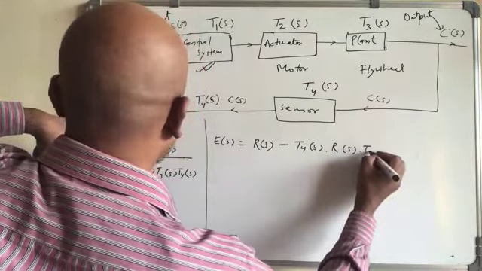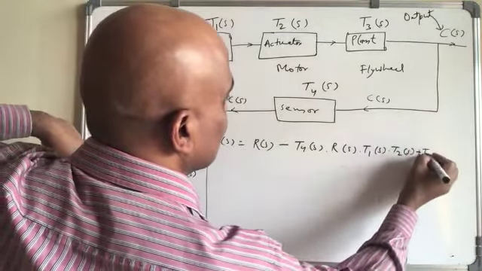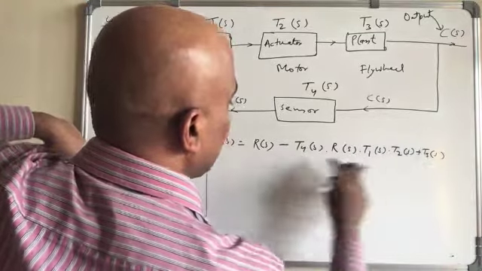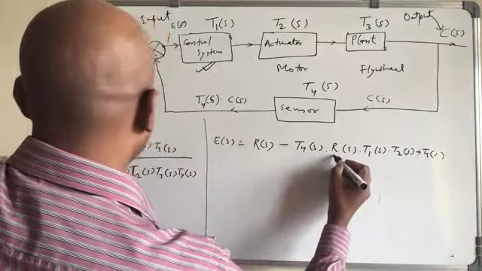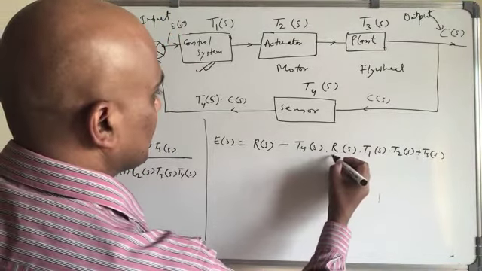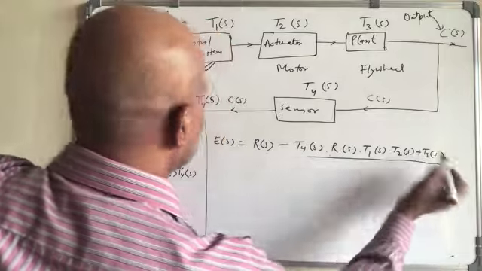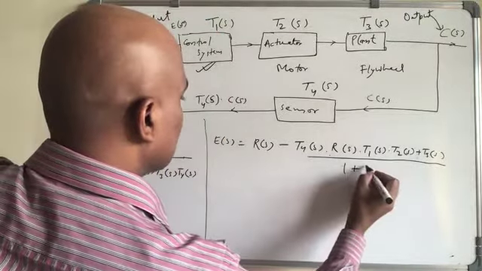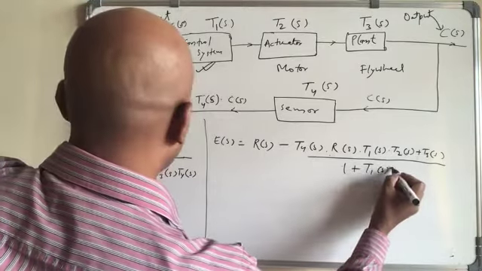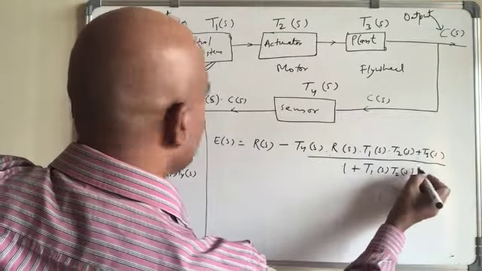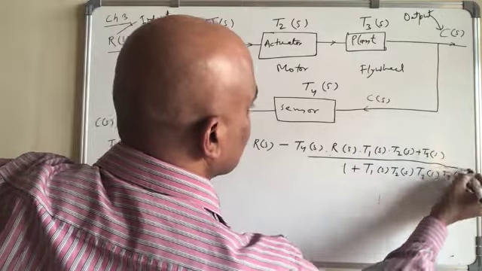So T1 S times T2 S plus T3 S, and T4 S is already here. Yeah, and all of them divided by 1 plus T1 S times T2 S, T3 S times T4 S.